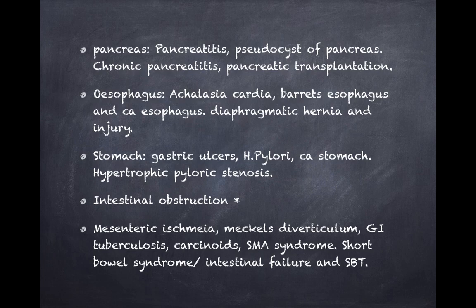Then about pseudocyst, how exactly the pseudocyst of the pancreas is formed, and then a word about chronic pancreatitis. Compare and contrast it with acute pancreatitis, and recent advances regarding pancreatic transplantation, or you could add even a word regarding islet cell transplantation.